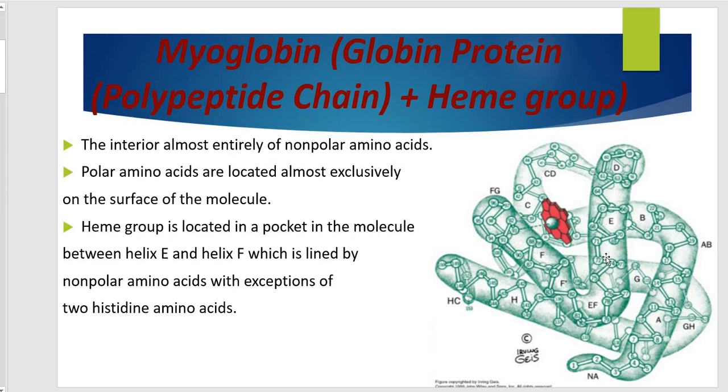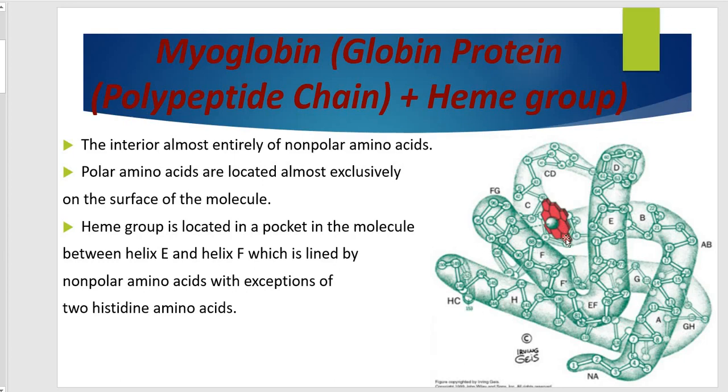And the interior of this molecule, the myoglobin, contains non-polar amino acids, and the polar amino acids will be present at the external part of the protein, which is near to water, except 2 moieties of histidine.